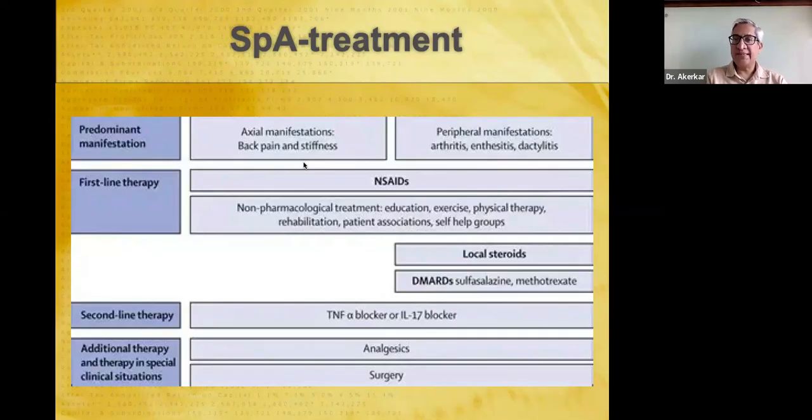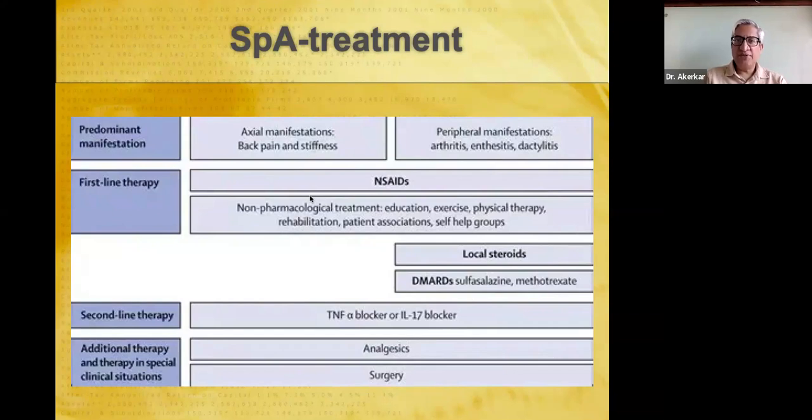So first line is always NSAIDs with exercises. Do local steroids or steroids play a role? Definitely no role in the long run. In the short run, yes. And if it is peripheral spondyloarthritis, then a local steroid in the joint can help. Disease modifying agents like sulfasalazine and methotrexate predominantly work for peripheral manifestations, not so much for axial manifestations.